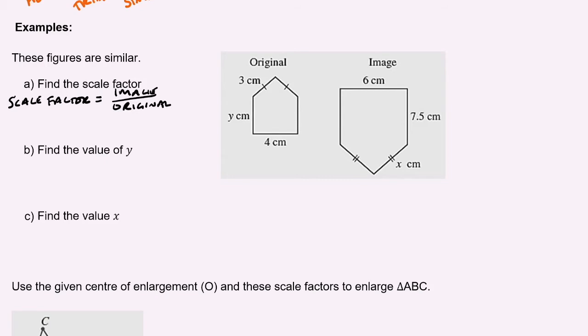We need to select two sides that correspond on those diagrams. We can see here that this 4 centimeter side corresponds with the 6 centimeter side. So what I need to do is put the 6 over the 4.